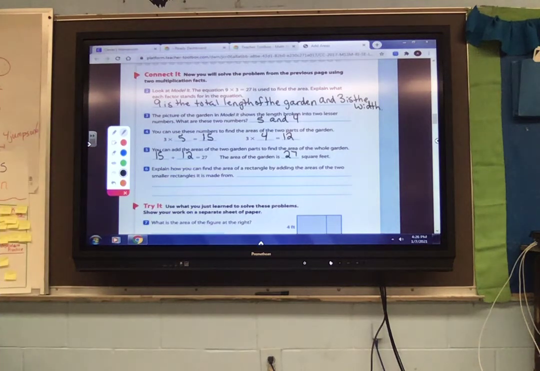Number 6, explain how you can find the area of a rectangle by adding the areas of the 2 smaller rectangles it is made from.